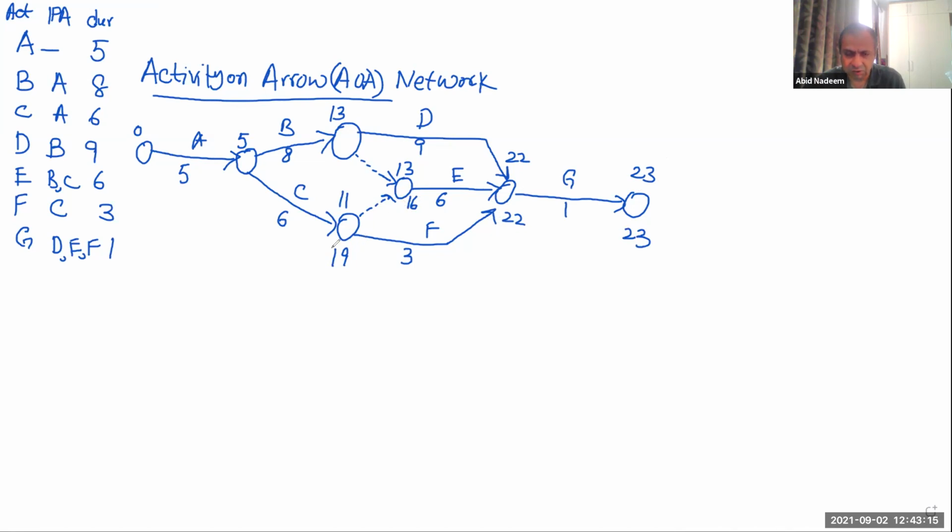But we will not take 19 over here. Because one arrow is coming from here and another arrow is coming from here, we will take 16.